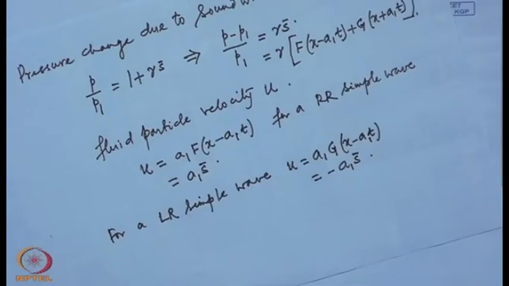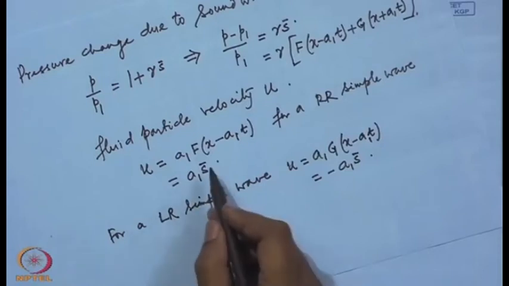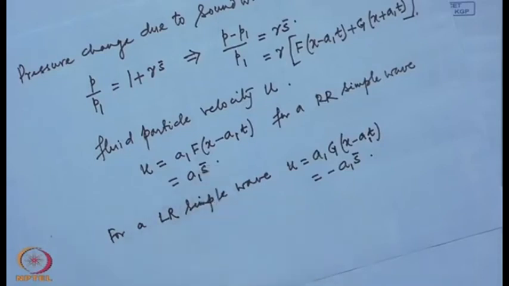The various parts of the wave are called condensation and rarefaction, depending on whether this condensation parameter s bar is positive or negative, that is, whether the density is higher or lower than the undisturbed density rho 1.